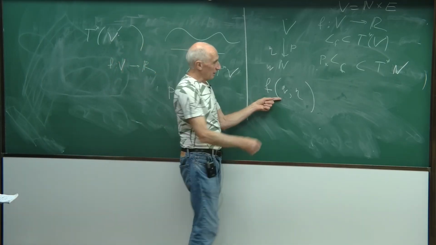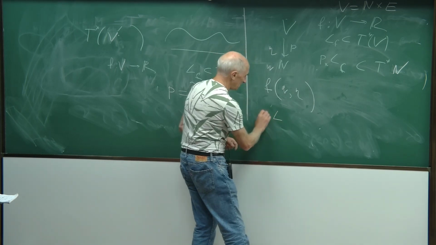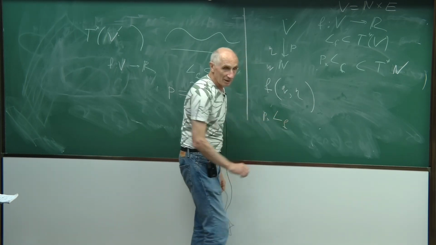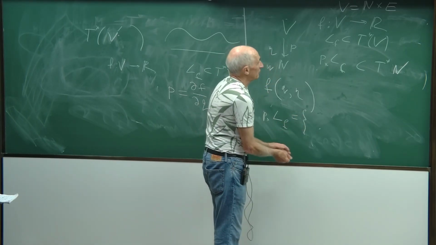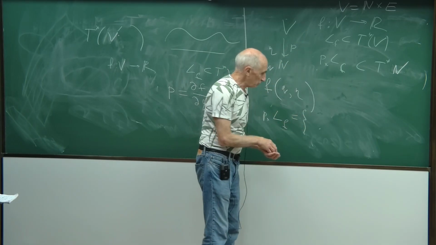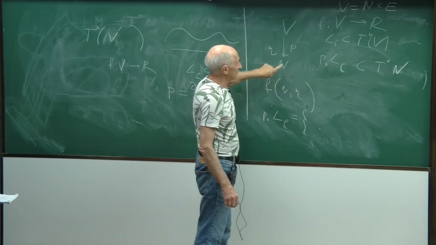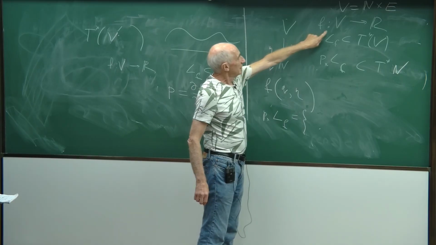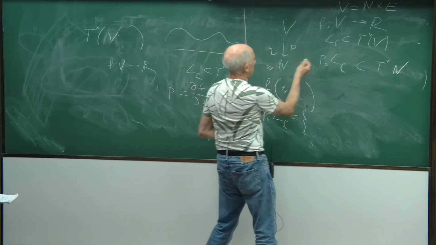But our subcritical Lagrangian, this P star of LF, is given by a condition. First of all, how is LF in V given?